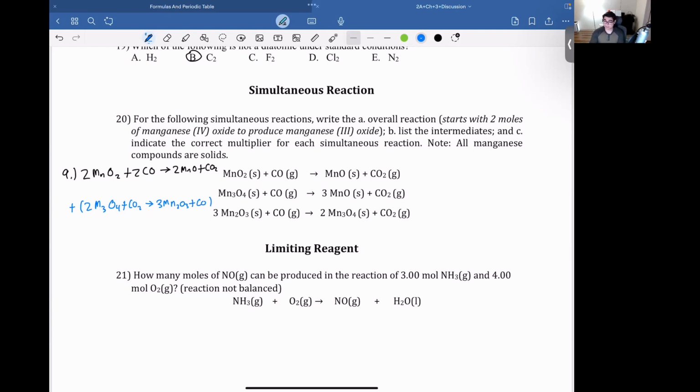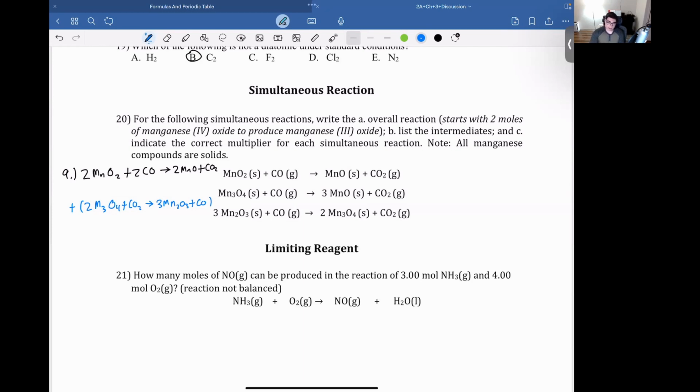Now, if I were to add these reactions, which is also what you're allowed to do, think of it like mathematics. You're allowed to add equations together, right? You probably took the SAT or ACT, or some form of algebra, I assume. You can solve by elimination, where you add 2 different equations together and eliminate one. In this case, we're not eliminating anything, but we are allowed to add reactions together.